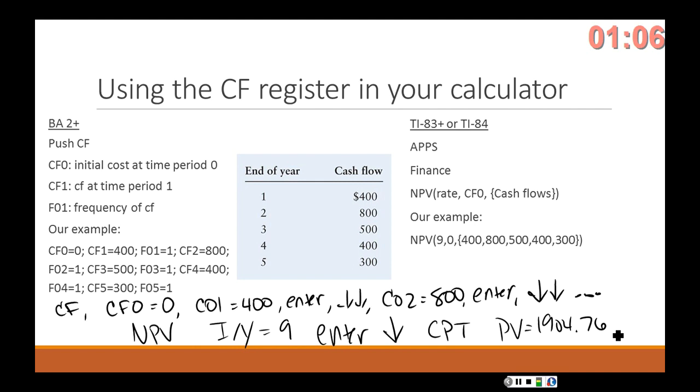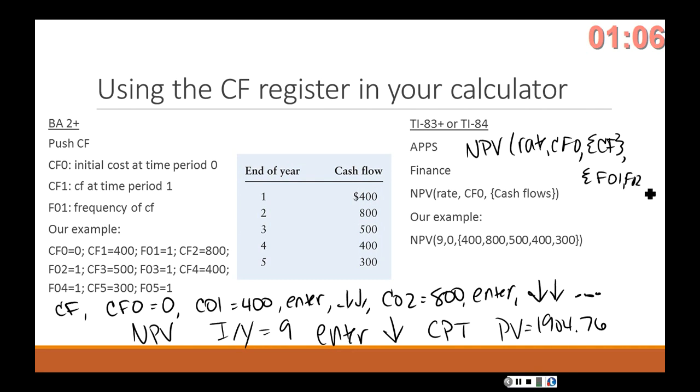So the full way that the NPV button works, if you are familiar with it and want to use frequencies: NPV, you enter your rate, cash flow at time period 0, braces, cash flows separated by commas, comma, braces, frequencies separated by commas.